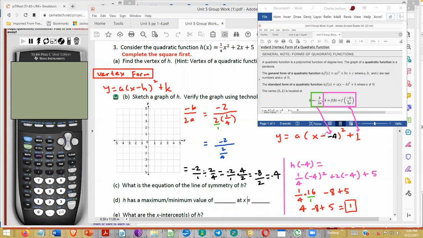And by completing the square, we have y equals, what is the a? We didn't talk about the a. The a is 1/4. It determines the shape of the parabola. x plus 4 squared, plus 1.